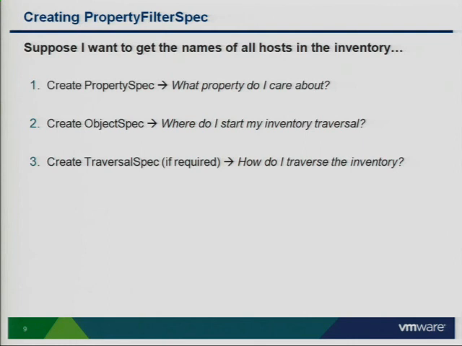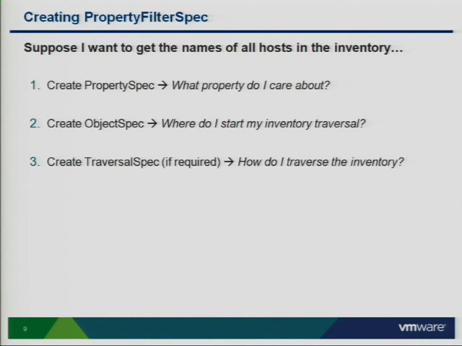So in property spec, you tell it what you want. In other words, the host name, you just want the name of the host. So you specify that in the property spec. All you want is name, the property is name, and the type of the object for which you want the name is host system. That's all you do in property spec. And in object spec, you say, okay, I'm starting at this point.